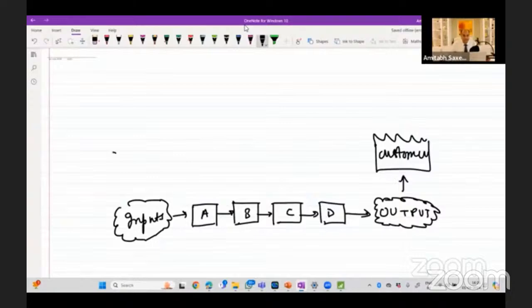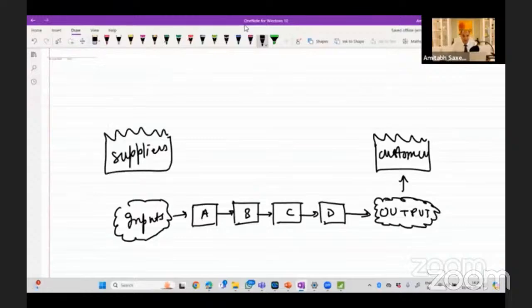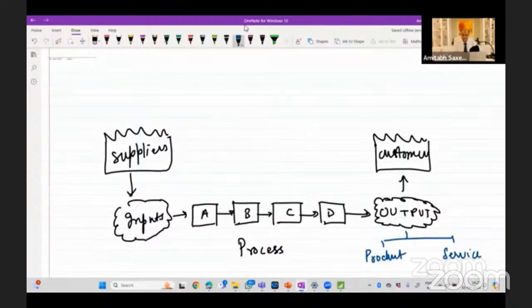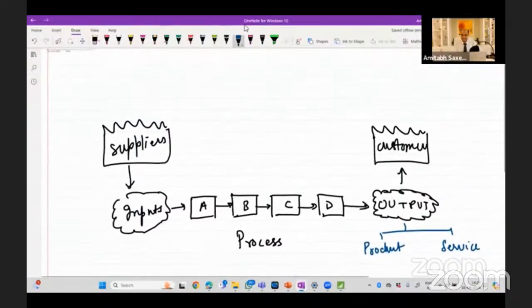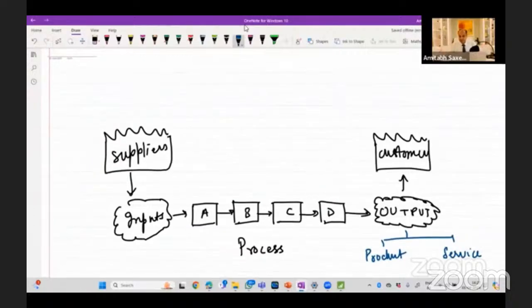And suppliers are supplying the inputs. So this is the process. Through a series of process steps, we are creating an output. The output could be either a product or a service. There is no third type of output.